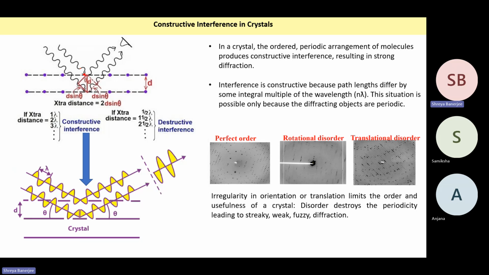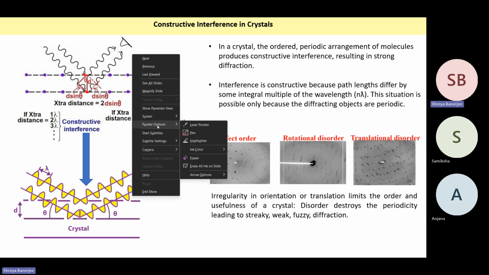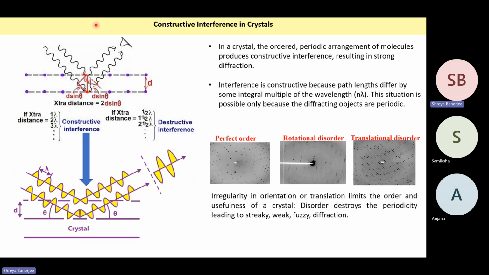The first X-ray is bouncing off the molecule on the first layer and it is reaching here. The second X-ray is passing through the first layer and bouncing off a molecule in the second layer of the crystal and reaching.